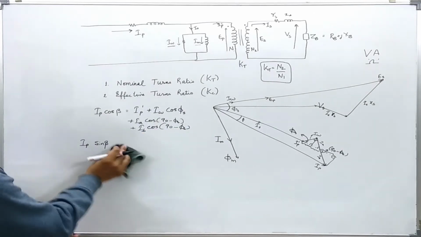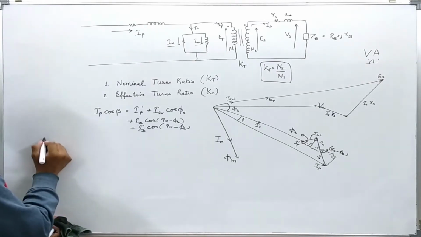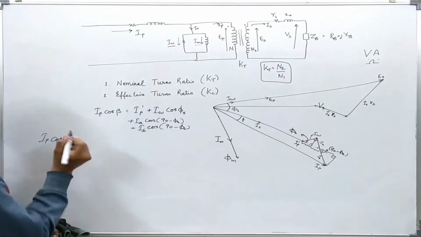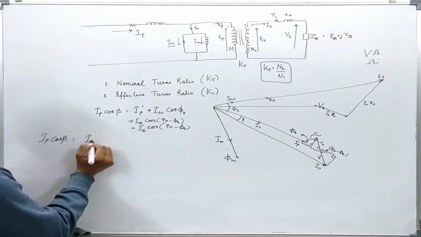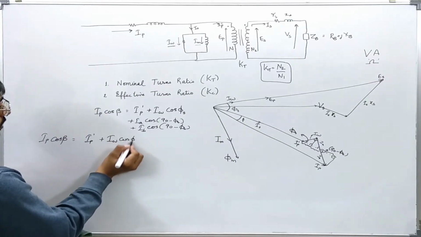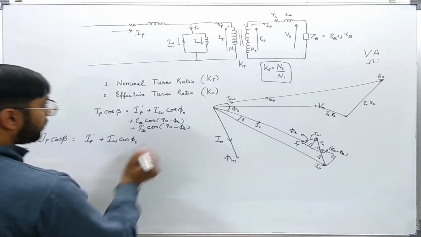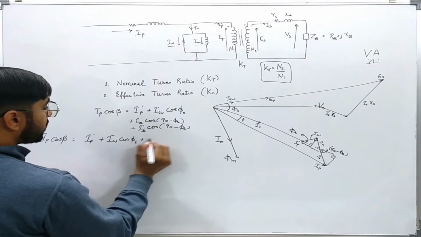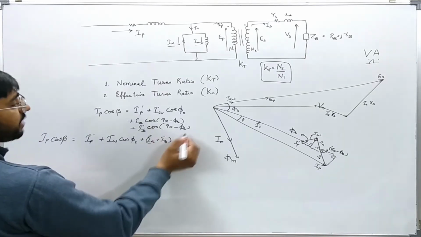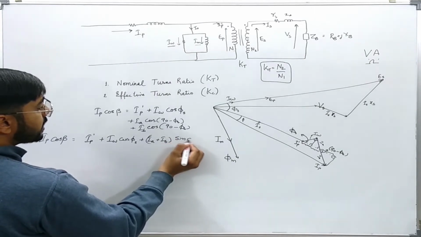So I can write IP cos beta equals IP dash plus IW cos phi s plus (IA plus IB) cos 90 minus phi s, which will be sin phi s.